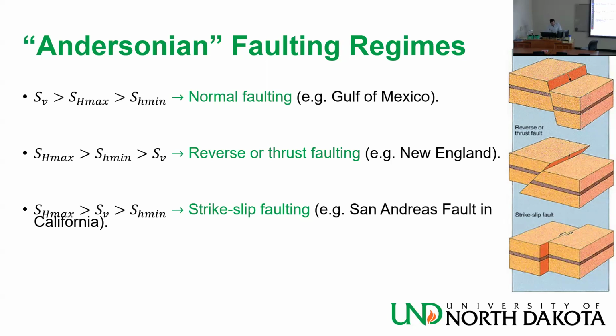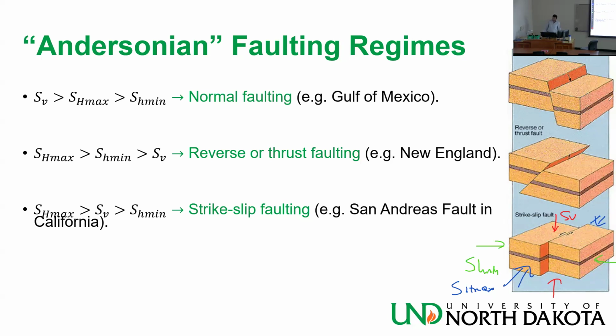And what we have is the strongest one being in this direction, SH max, the most compressive. And then we have the intermediate one being the vertical, SV, and then the minimum one, the least compressive one, being SH min.